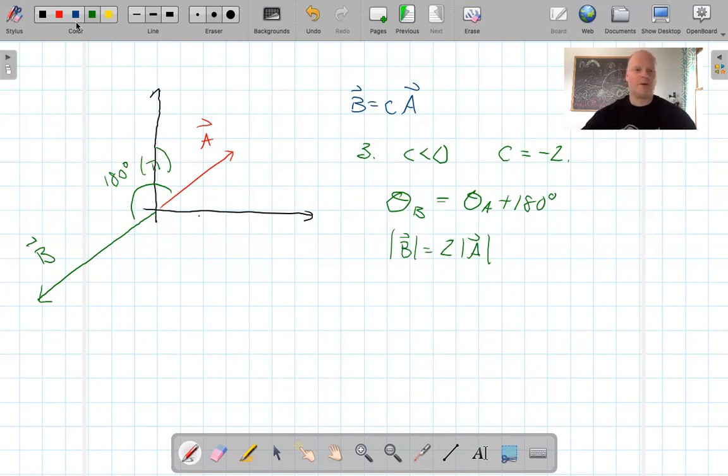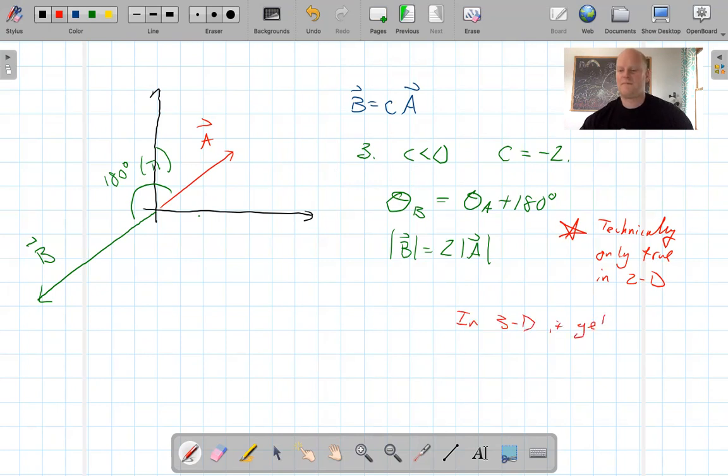But again, we'll make a note of that. In 2 dimensions, this is true. So let's put a flag here: this is technically only true in 2D. In 3D, it gets reflected through the origin.